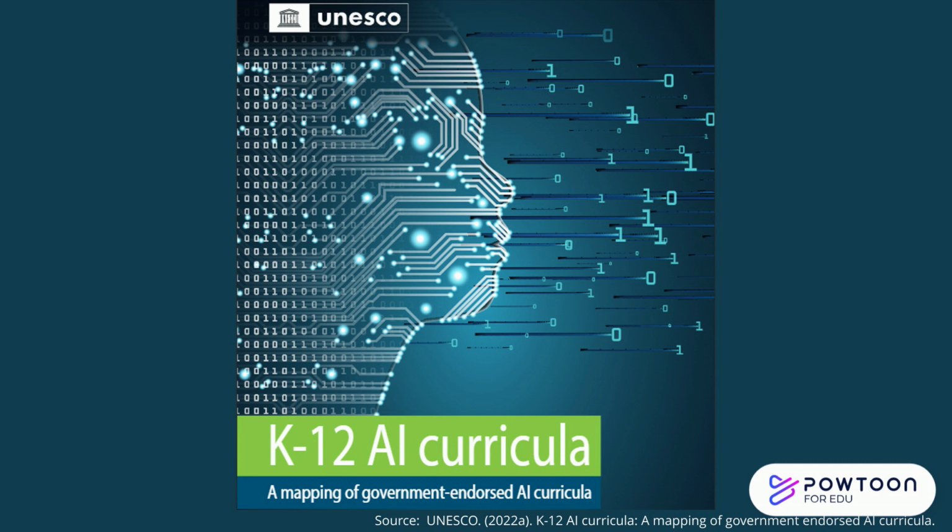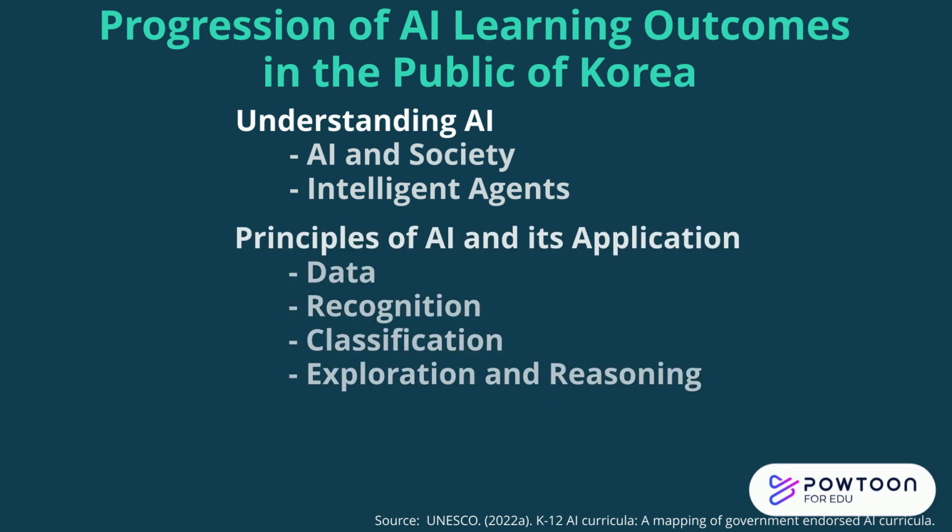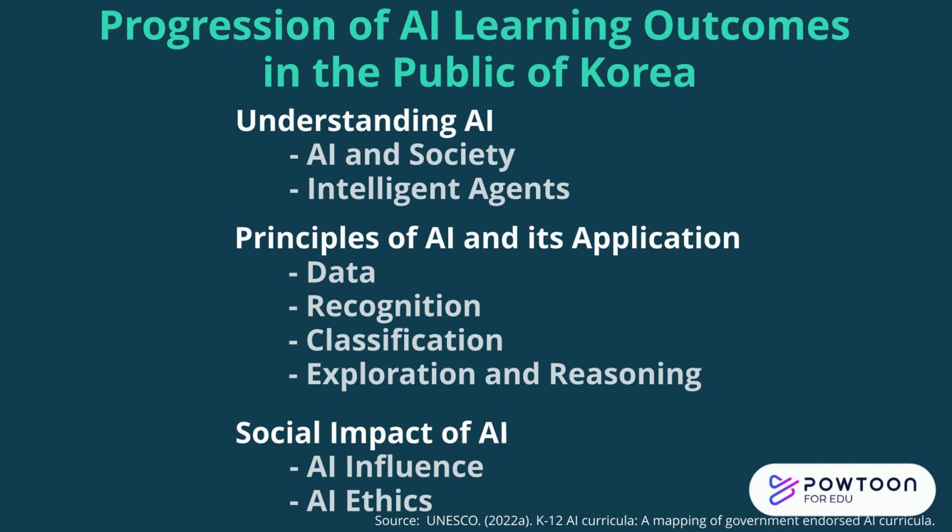UNESCO created a document entitled K-12 AI Curricula, a mapping of government-endorsed AI curriculum. Within this document, it mentions the Korean AI curriculum standards, which outline a learning progression which covers 3 domains: understanding AI, principles of AI and its application, and the social impact of AI, each with subdomains.